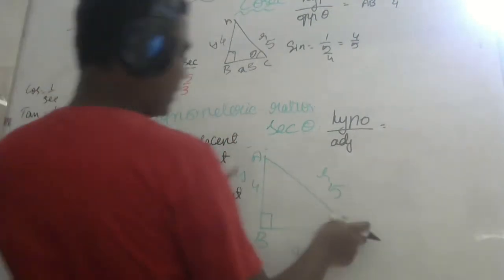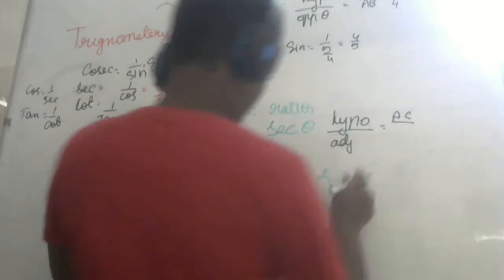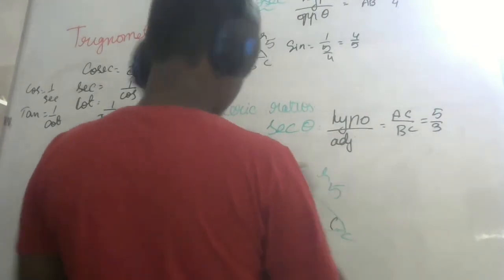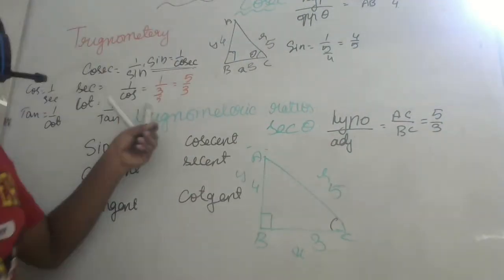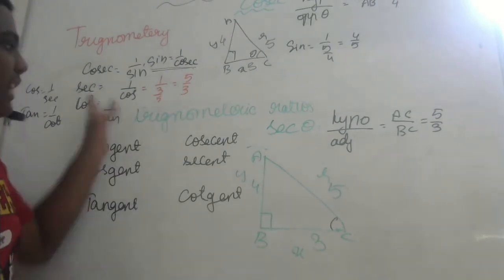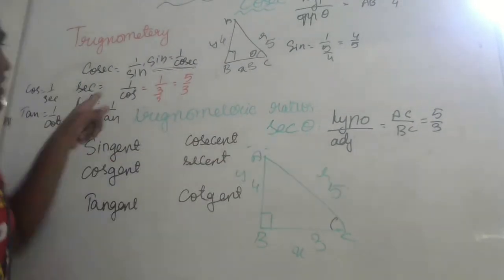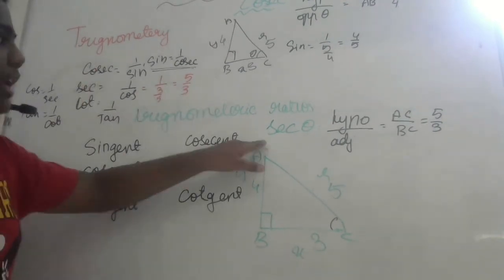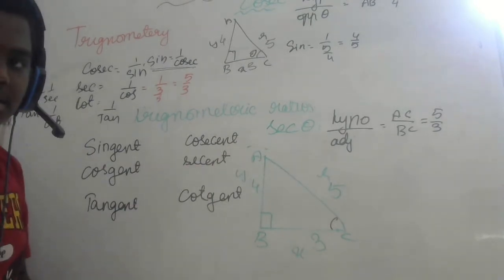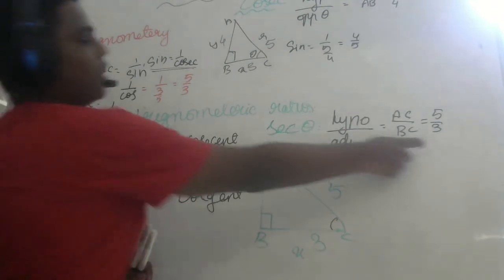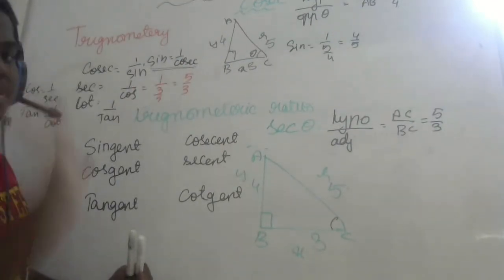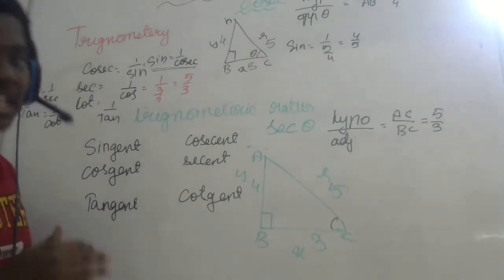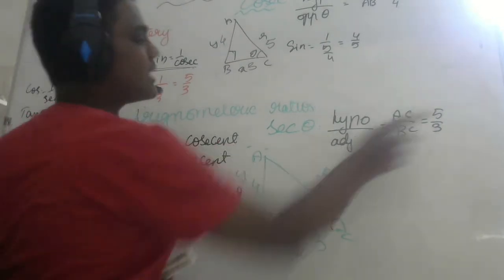Hypotenuse is AC, adjacent is BC. AC is 5 and BC is 3. Now, did this relationship satisfy or not? When I had the cos theta value and substituted, I got sec as 5 by 3. When I use the formula, I got the same, 5 by 3. So this relationship is satisfying and we can use it. Okay, this is done.